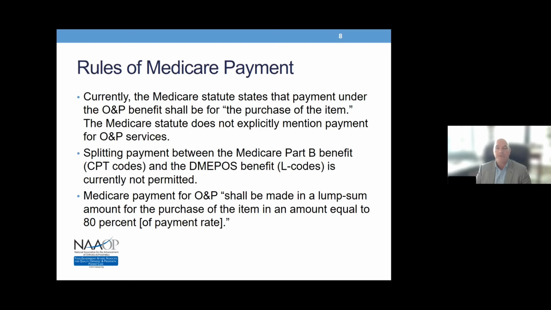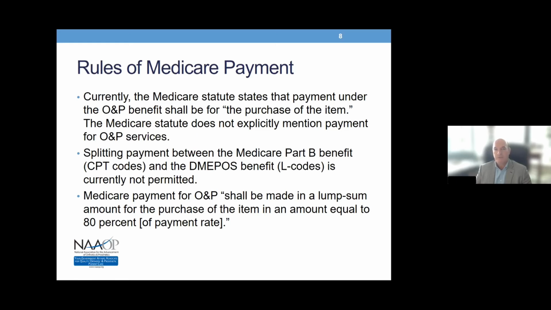But when the statute itself talks about coverage in terms of artificial arms, legs, eyes, neck braces, back braces, and then you've got statutory language that says that the purchase of the item is what is covered, it doesn't leave a lot of room for Medicare to cover separately the provision of O&P clinical services that are provided with those devices that are ultimately delivered to patients.